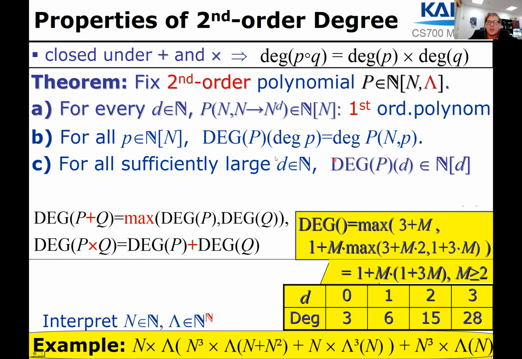And finally, we want to talk about the counterpart to this composition degree property. But first, we need to talk a little bit about the composition of second order polynomials, because there are two ways of composing second order polynomials.